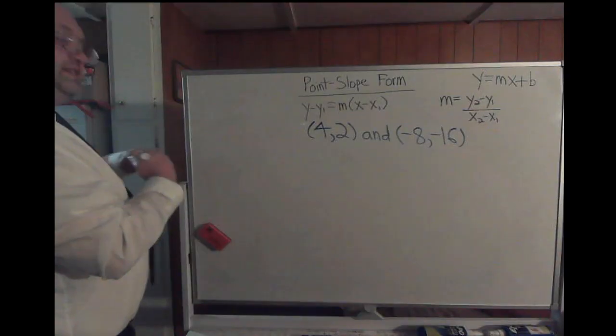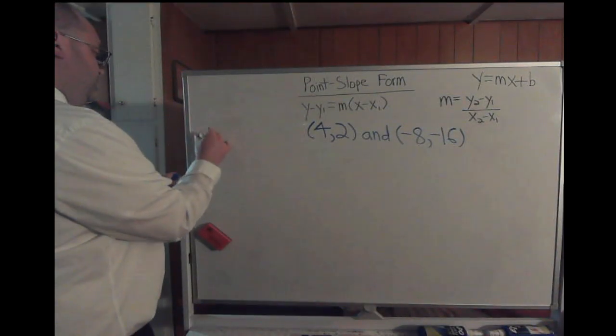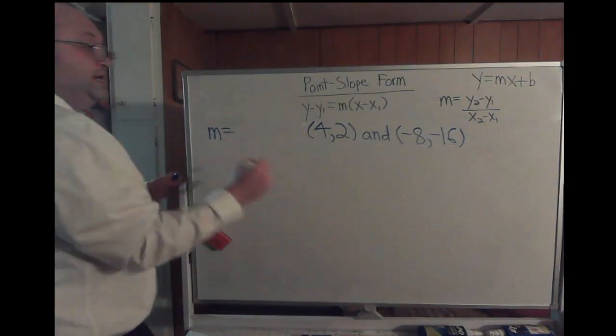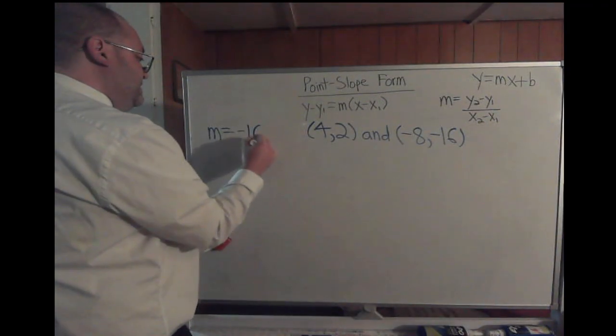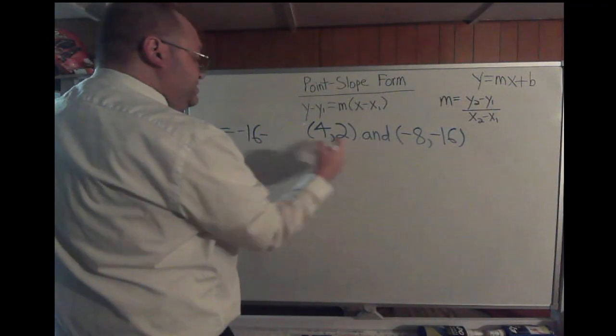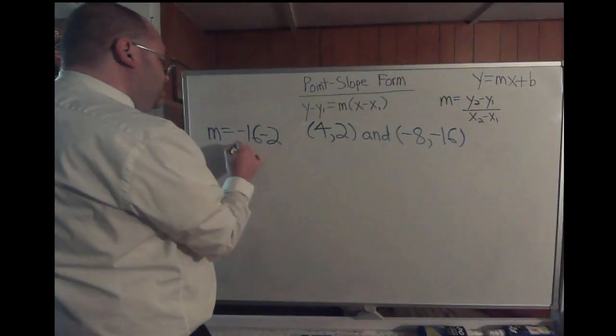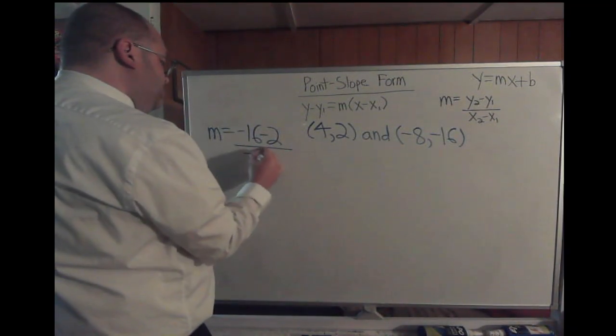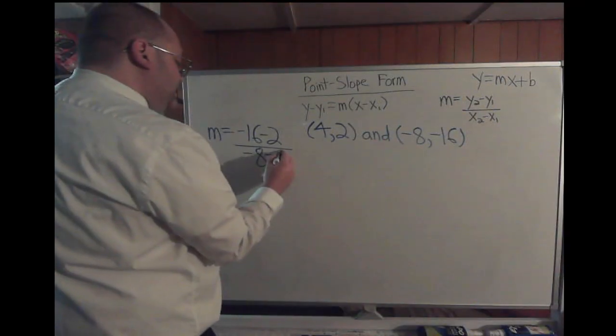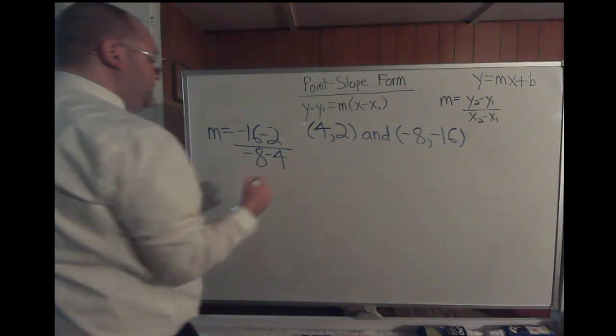First thing you do, once again, find your slope. So we'll pick negative 16 to be our y2. So negative 16 minus that 2, which will be our y1, over that negative 8, which will be our x2, minus the 4, which will be our x1.